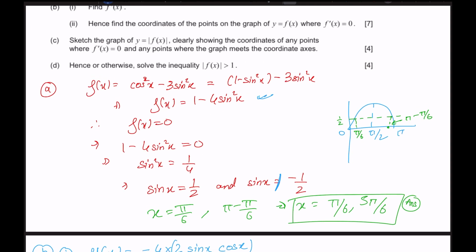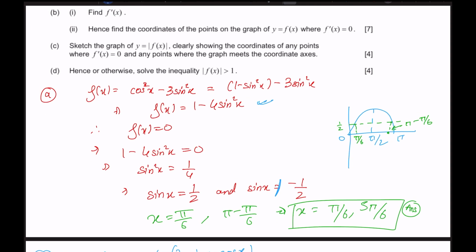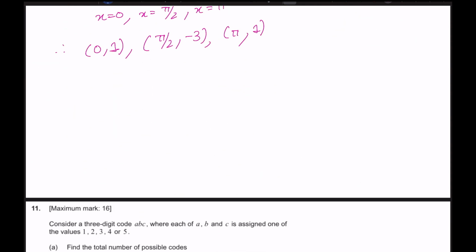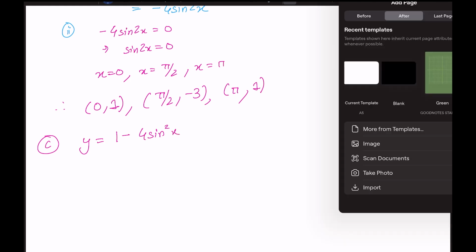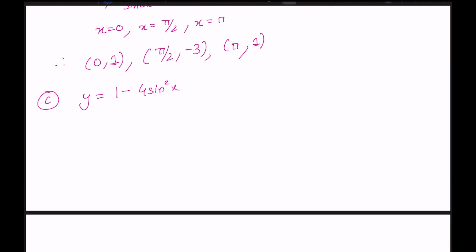Now we have to sketch the graph of y equals mod f(x). So first, to solve this, we will first plot y equals f(x) and then take the mod. This is the equation y equals f(x). See, the curve will start at 0 and end at pi. At x equals 0, your y will be 1.